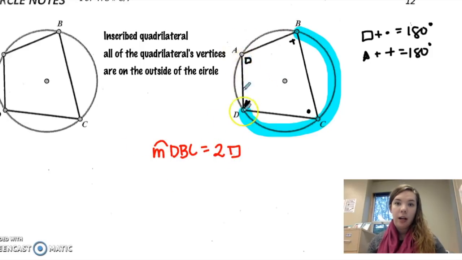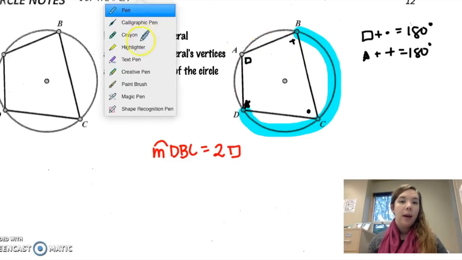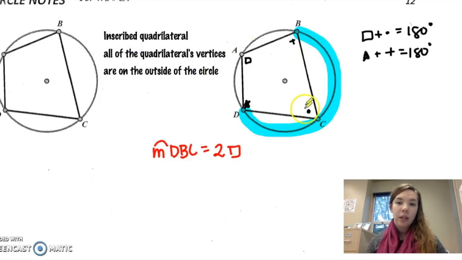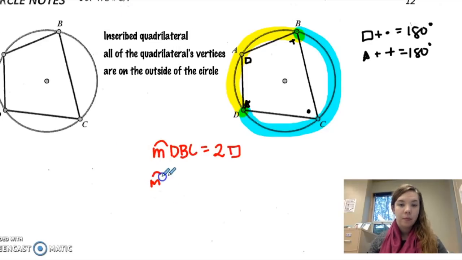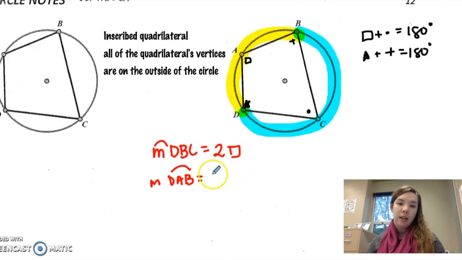So 2 times this is your arc. Now let's look at this dot. This dot creates an intercepted arc, DAB, and it is also twice as big as the angle, so 2 times the dot.